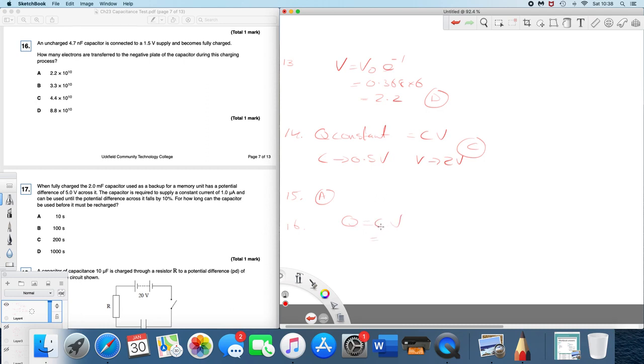Doing that, you're going to get 7.05 times 10 to the minus 9. Divide that by the electronic charge, 1.6 times 10 to the minus 19. So that's 9, not 19. Which gives us an answer of C.